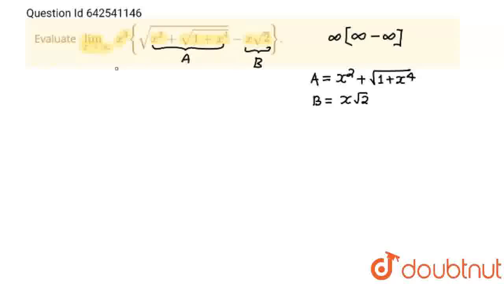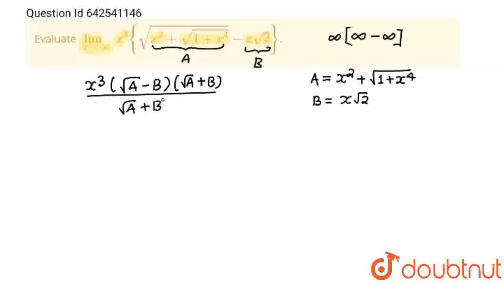Okay, so this is square root a minus b, so I'm going to write x cube as x cube. So this will be x cube times square root a minus b. I'm going to rationalize it with square root a plus b upon square root a plus b.